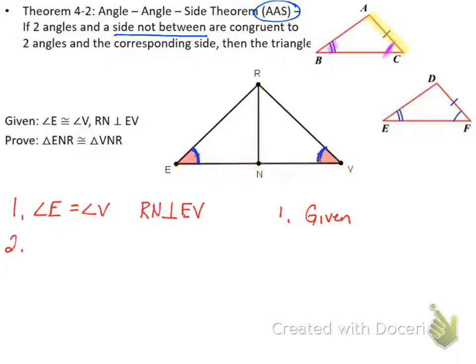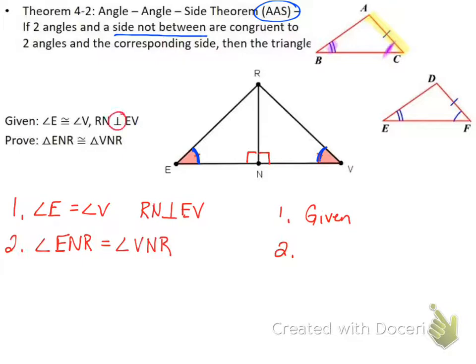Again, perpendicular means that they're right angles. So I know that these are both going to end up being right angles, and if they're both right angles, they're equal to each other. So I can call them angle ENR is equal to angle VNR. Again, I want to use the same words that they use in the given statement.